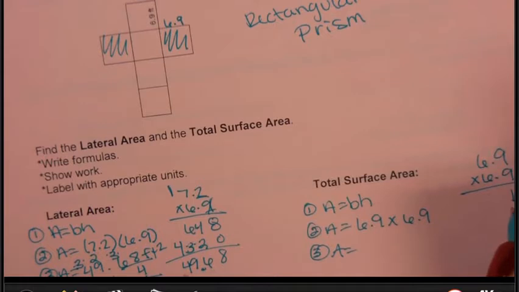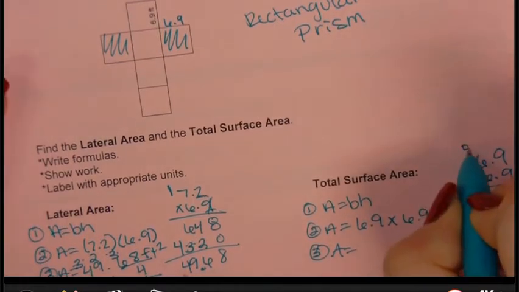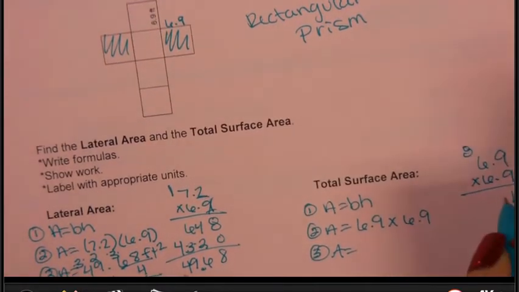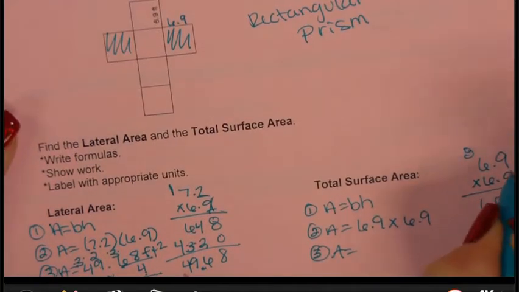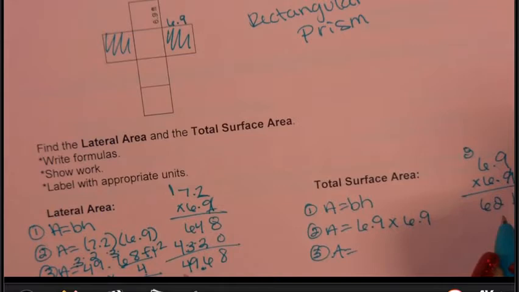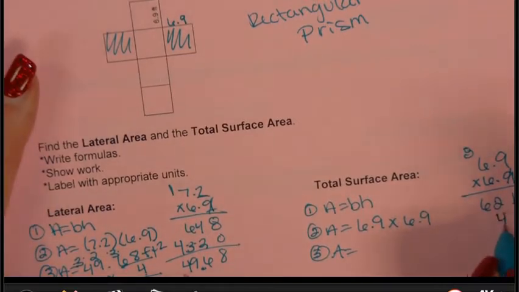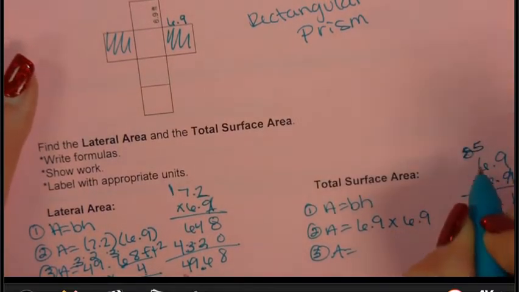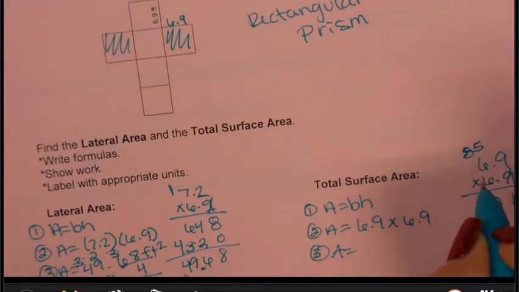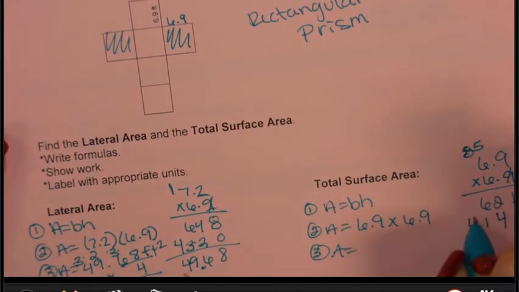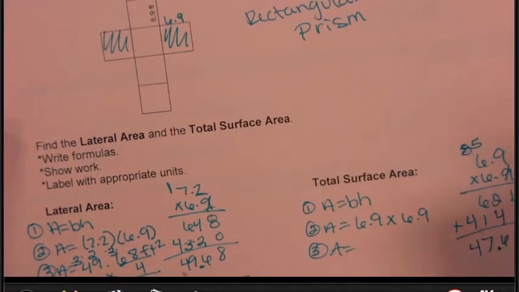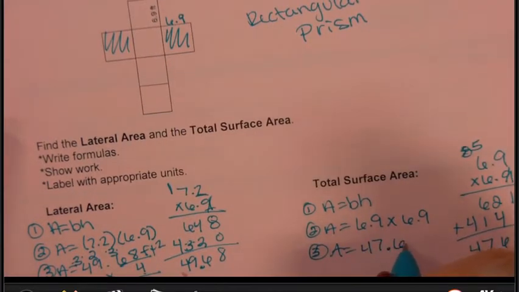Yes, I have to double check myself. 9 times 6 is 54, and 54 plus 8 is going to get me 62. 6 times 9 is 54, 4, 5. 6 times 6 is 36, plus 5 more should get me 41. 1, 4, 5, 6. 6 plus 1 is 7. 4. Now I have 2 decimal places, so 47.61.